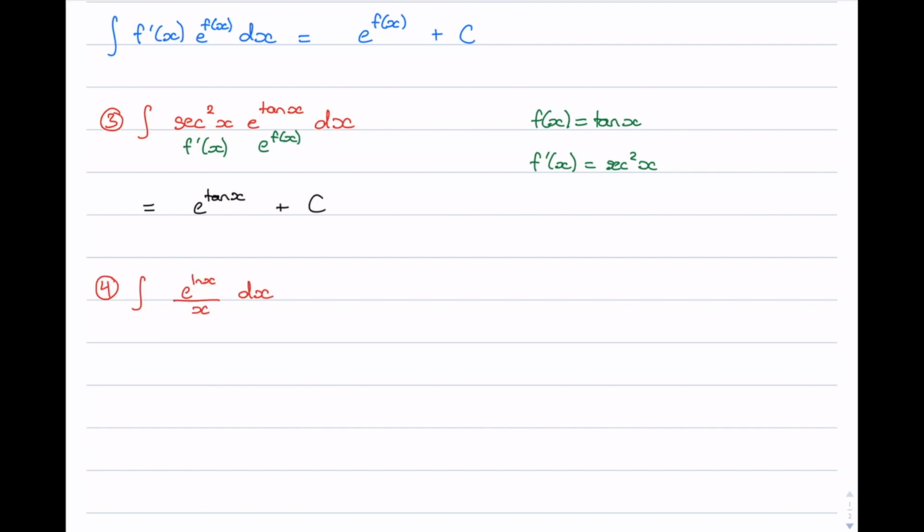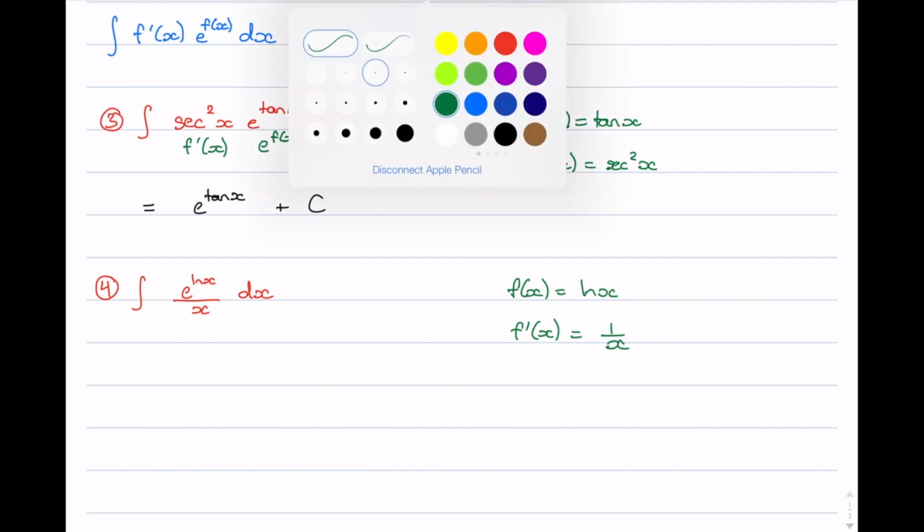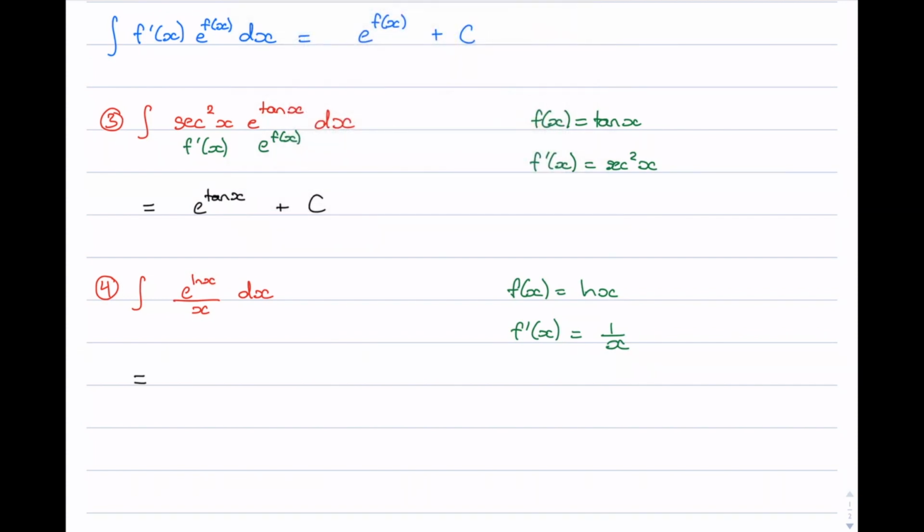In the next example, we have the integral of e to the power log x divided by x. So again, we can see that we have an exponential to a non-linear polynomial power. In fact, our power is going to be our f of x, and that is log of x. Now, if we differentiate log of x, we get 1 over x. Now, you might be able to see that this is going to be in this mental substitution form, but if not, we can actually rewrite our integrand in the following way.